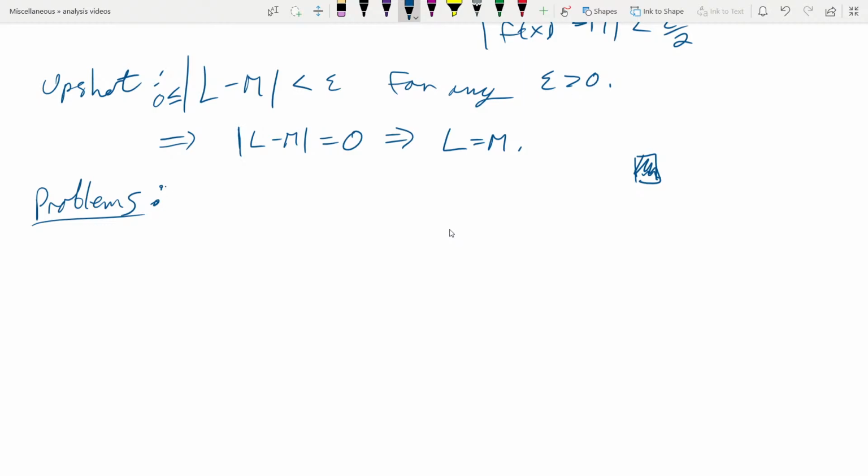I'll start with problem 1. So this first set of problems is just basically calculating a bunch of limits. All right. So the very first thing that you always want to do when trying to work out a limit is see if it's permissible to just plug the value in.